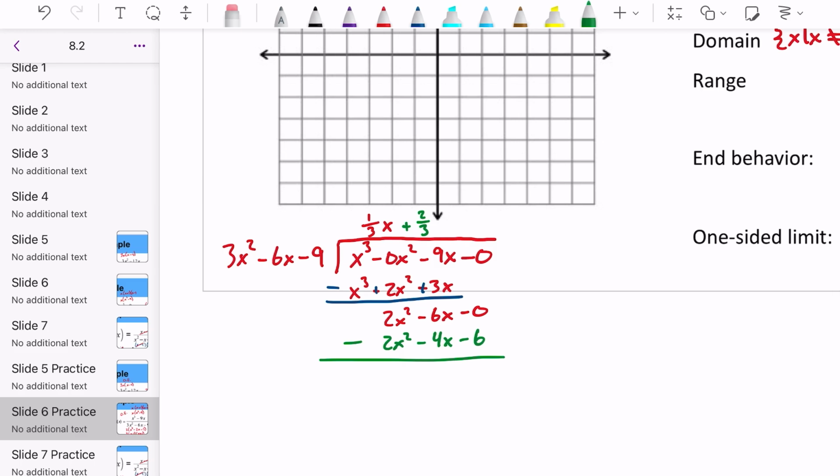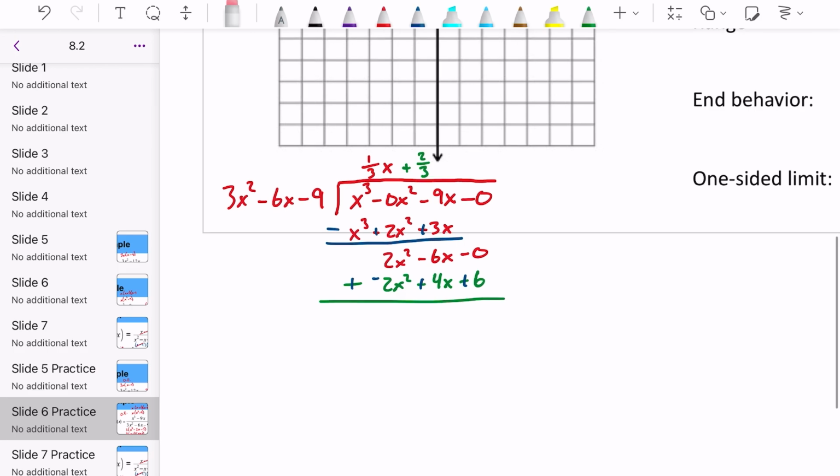Now keep in mind, when that does happen, it will change the signs of all of those following. Notice our first two terms cancel out. We would be left with negative 2x plus 6. Now, the most important thing from this long division is the quotient. It is not the remainder.